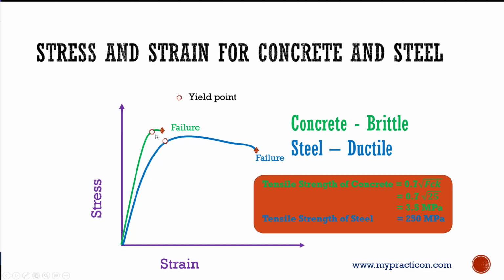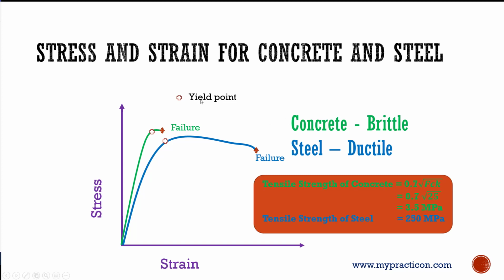In concrete, if it reaches the yield point and you look at the failure, the duration is very short and the deformation is very small. That means once it reaches the yield point, with any further load increase, sudden failure may occur. That's called concrete brittle failure.